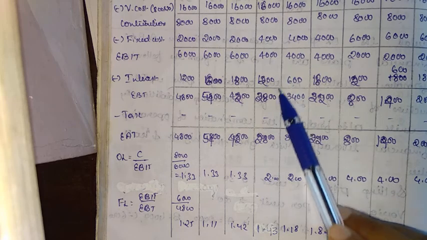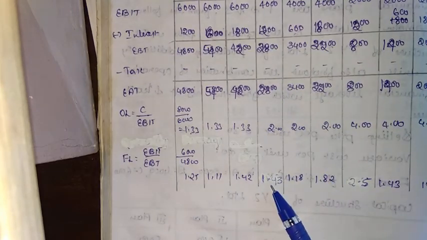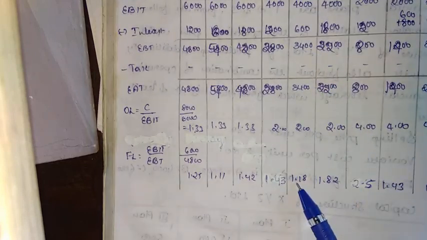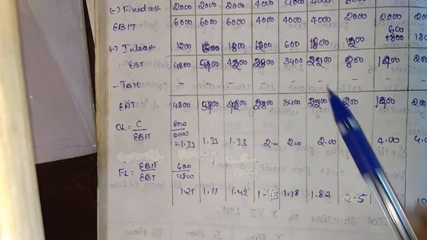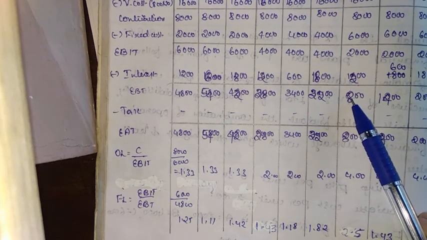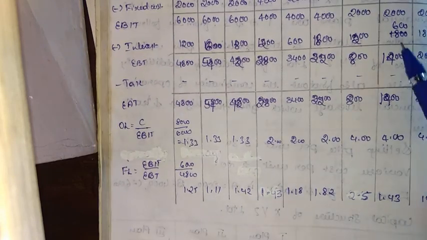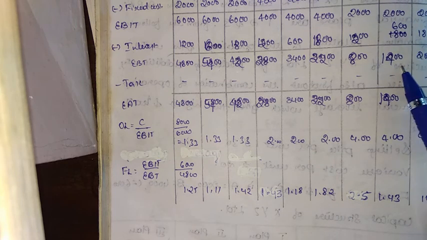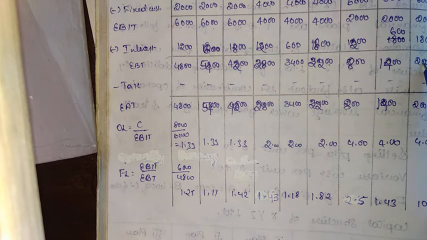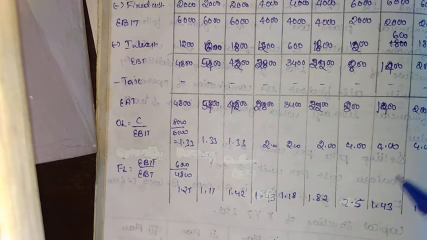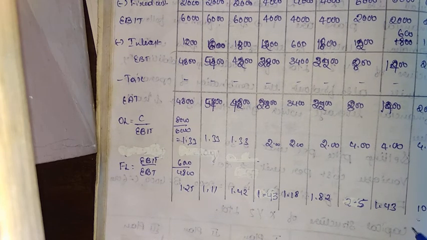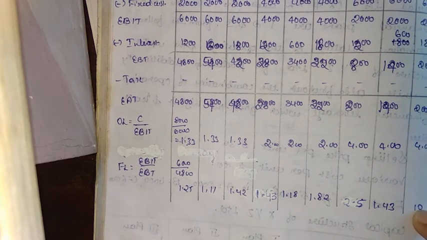Then 4,000 divided by 2,800, 1.43. 4,000 divided by 3,400, 1.18. 4,000 divided by 2,200, 1.82. 2,000 divided by 800, 2.5. 2,000 divided by 1,400, 1.43. 2,000 divided by 200, 10 times. So financial risk is highest in situation C under plan 3.